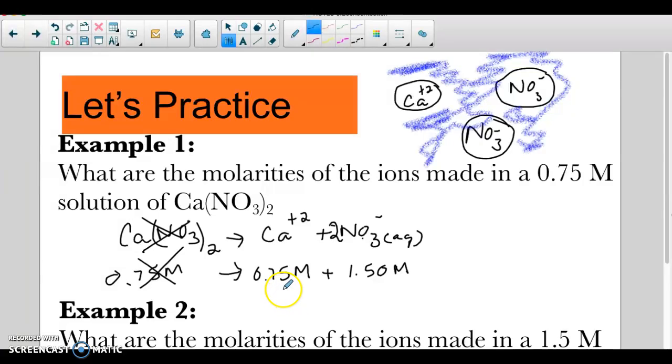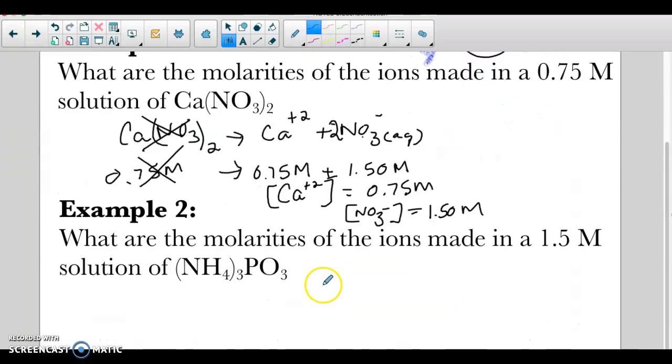So you could say that the concentration of calcium, sometimes we use brackets to represent the concentration, is going to be 0.75, and the concentration of the nitrate ions is going to equal 1.50.